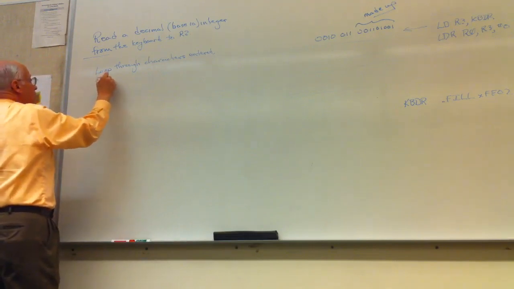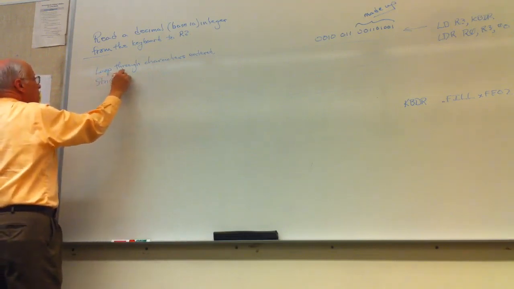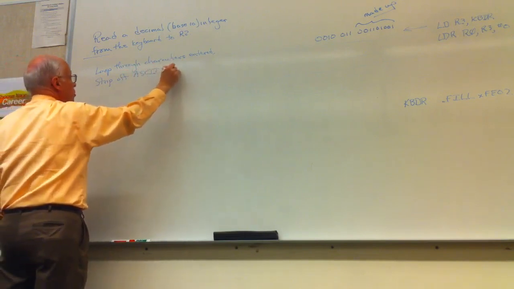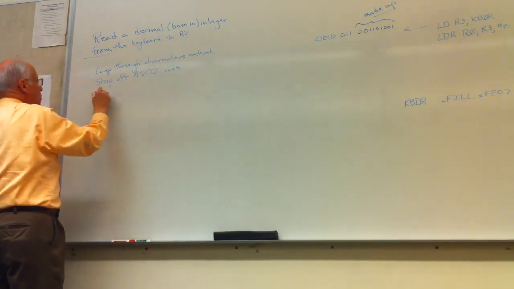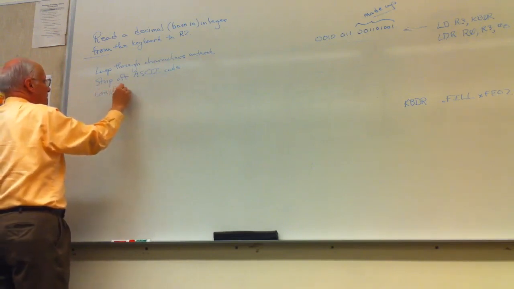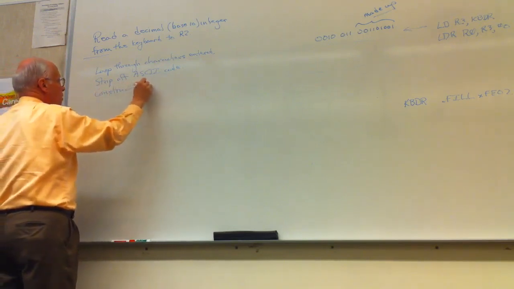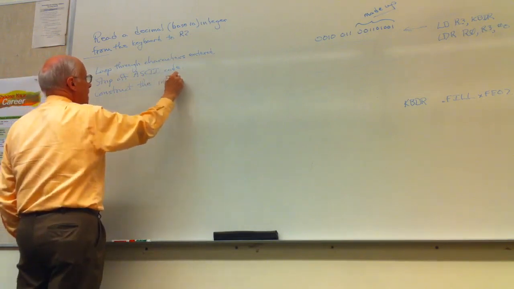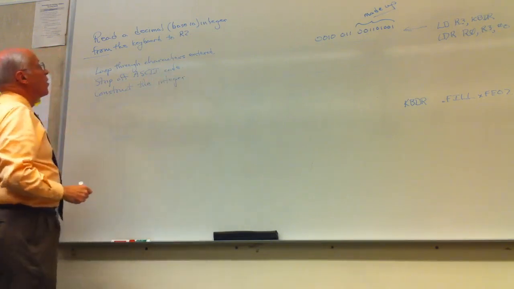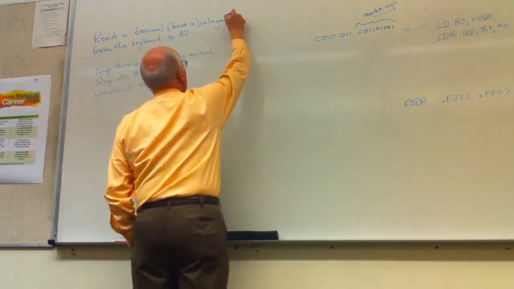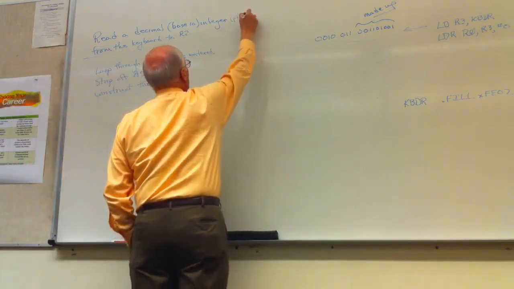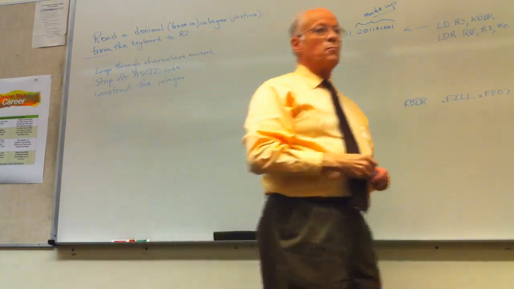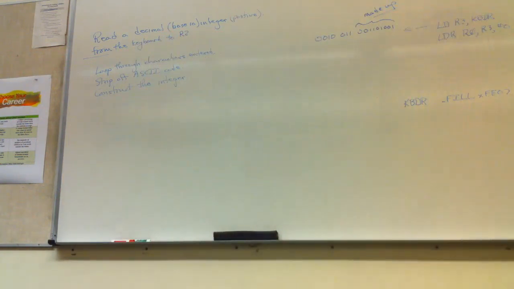We have to strip off the ASCII code, and then we have to construct the integer. For the sake of this right now, I'm not going to try and handle negatives. We'll just look at positive integers.